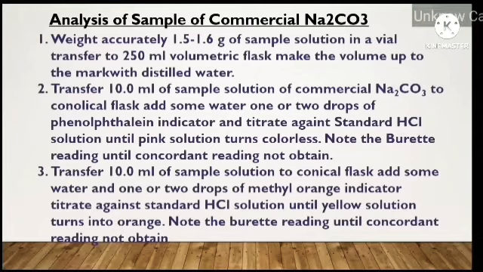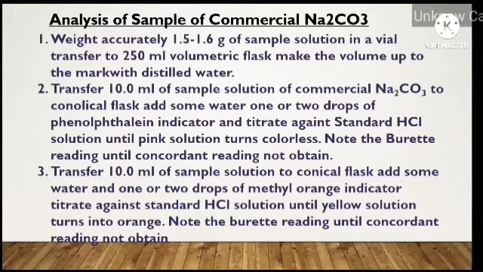Now for the titration, transfer 10 ml of sample solution of commercial sodium carbonate to a conical flask and add some water and 1 or 2 drops of phenolphthalein indicator and titrate it against standard HCl solution until the pink color turns colorless. Note the burette reading until a concordant reading is obtained.